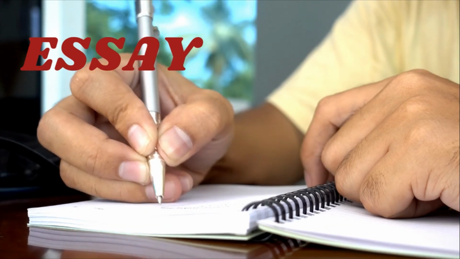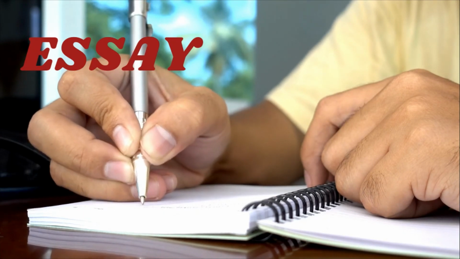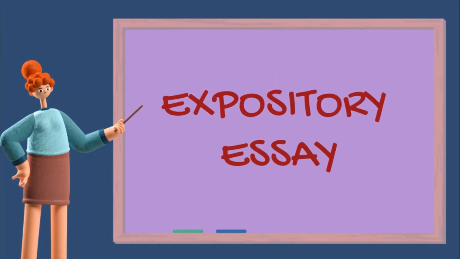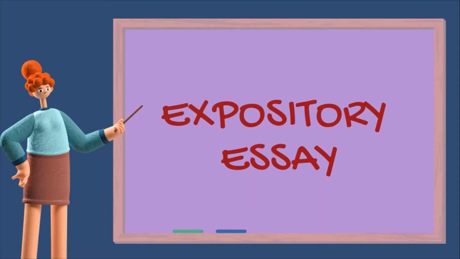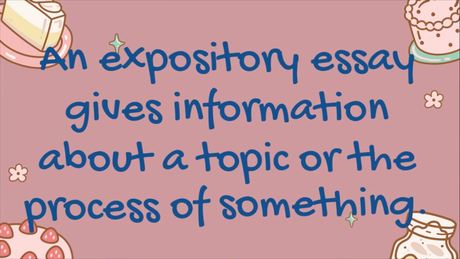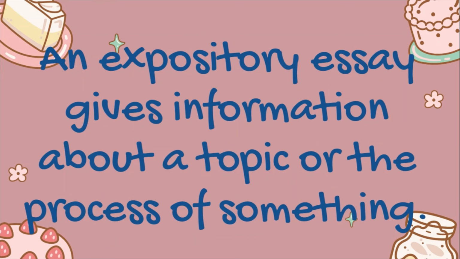The kind of essay we are going to talk about in this module is the expository essay. What is an expository essay? It's that kind of essay that gives information about a particular topic or the process of something.